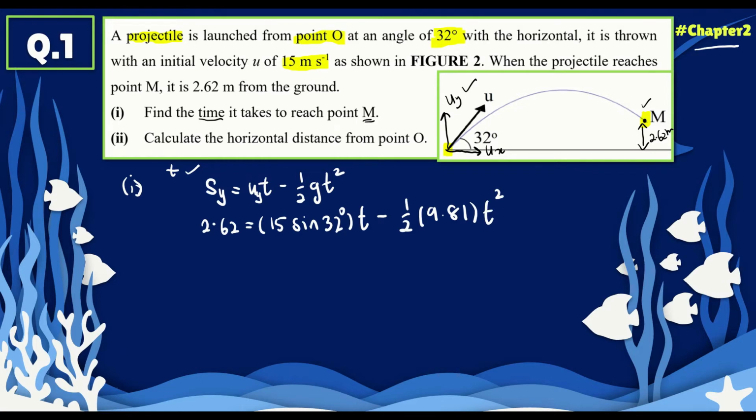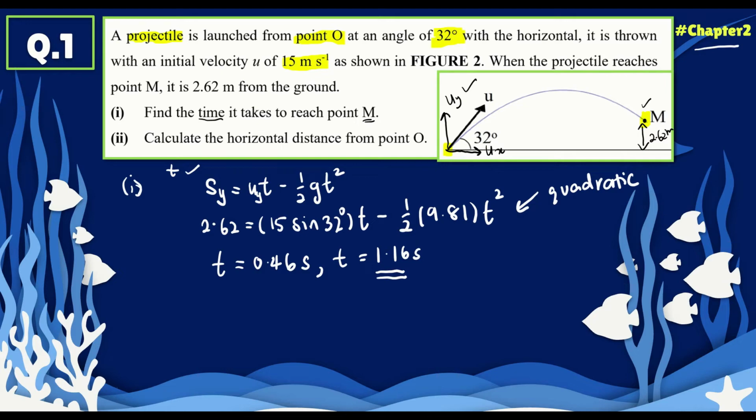Okay, so using your calculator, you are having a quadratic equation here. So finally you'll get two values of t. Your first t is going to be 0.46 and another t is 1.16. Okay, for this question we only have one answer, so the answer is supposed to be 1.16.